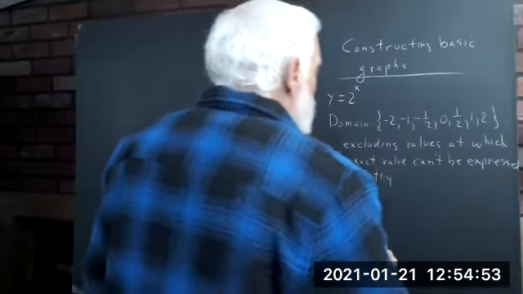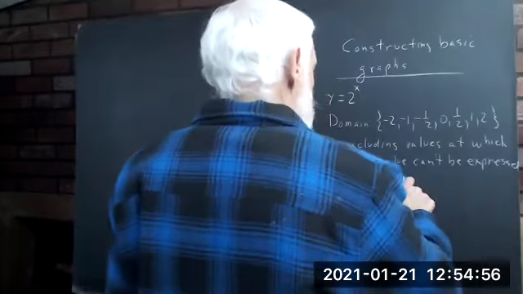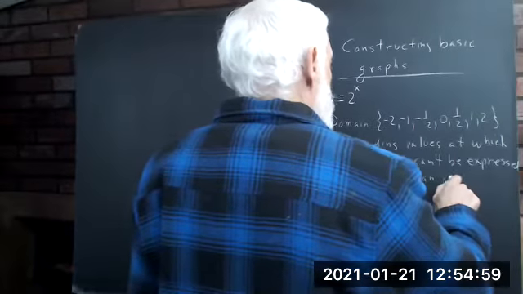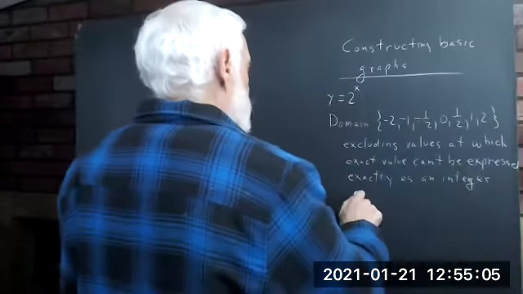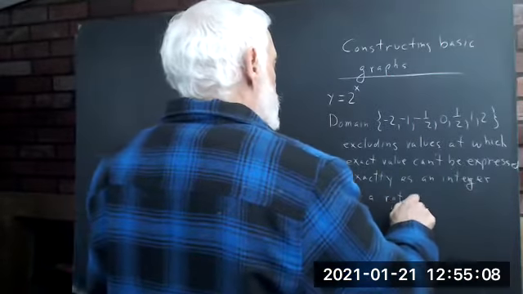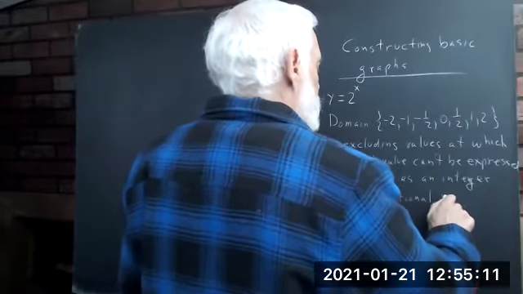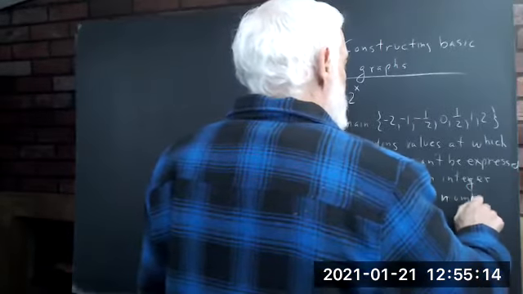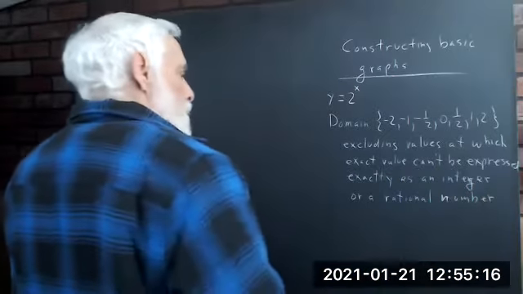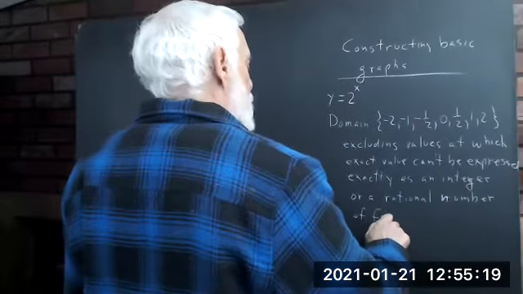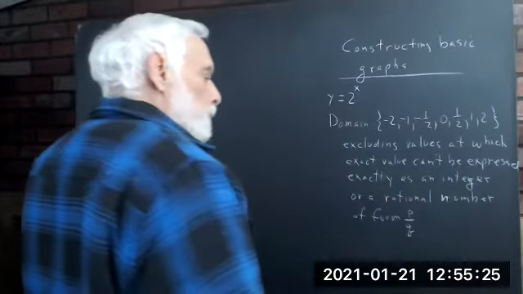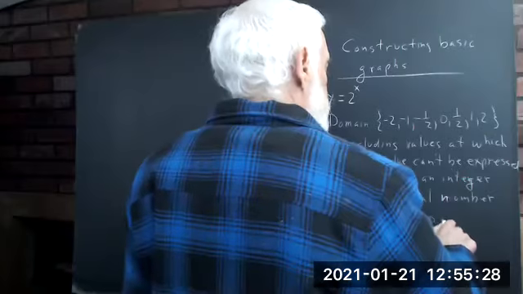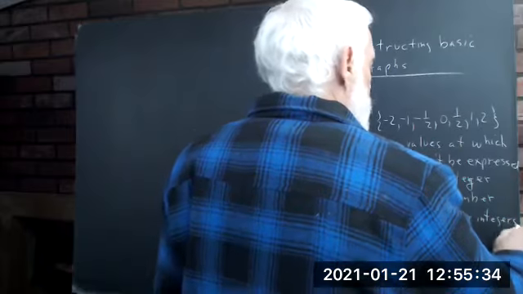Exactly is an integer or a rational number, of the form P over Q for P and Q integers.